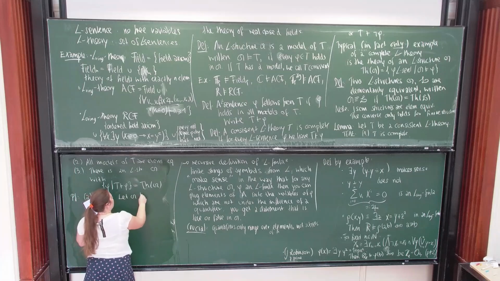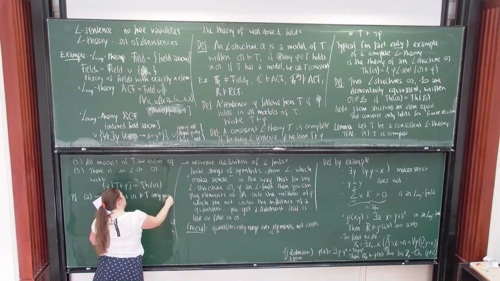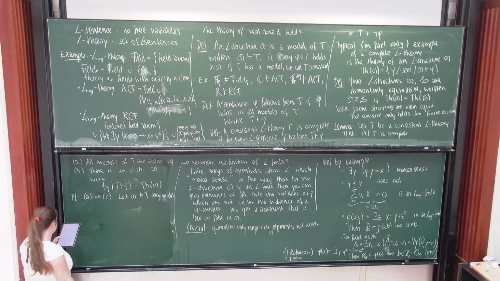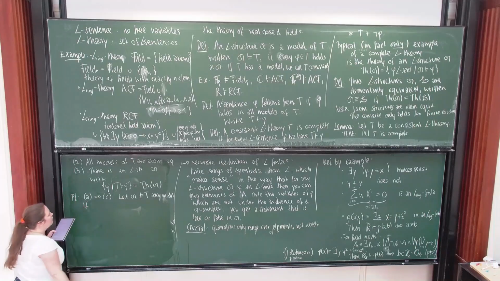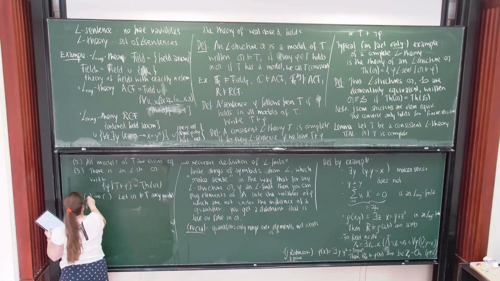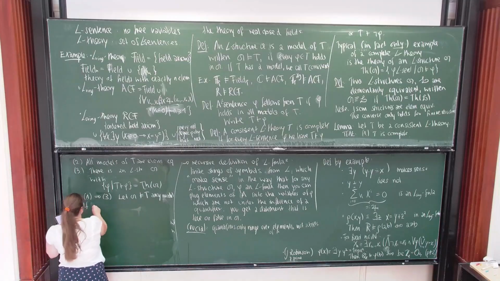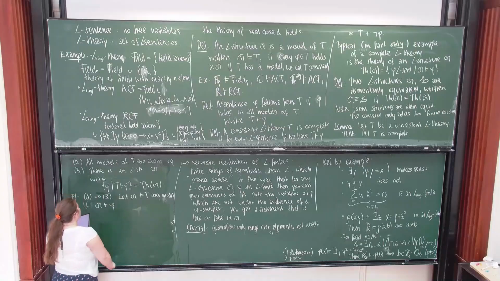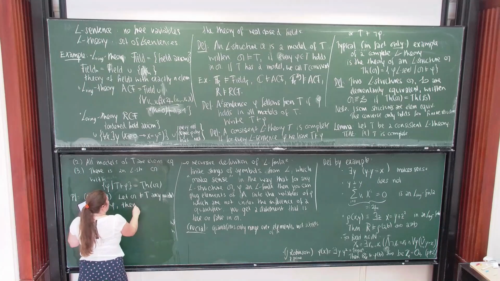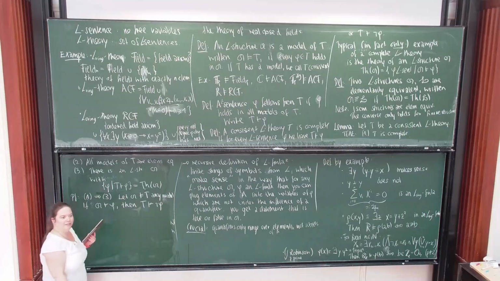Let A be any model. If T is complete, I know it's consistent by definition of completeness, so it has a model. Yeah, is this 1 implies 3? Aha, yeah, indeed, thank you, it's 1 and 3. So if A says phi is true, then because A is a model of T, T cannot entail not phi.